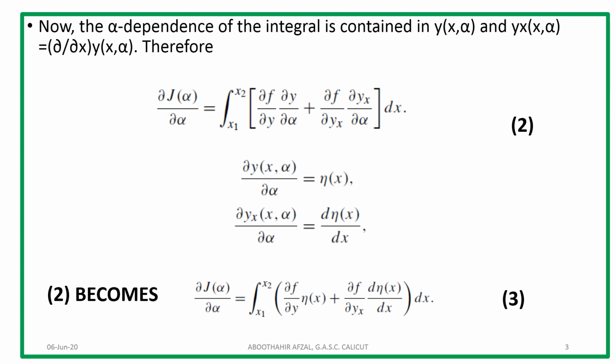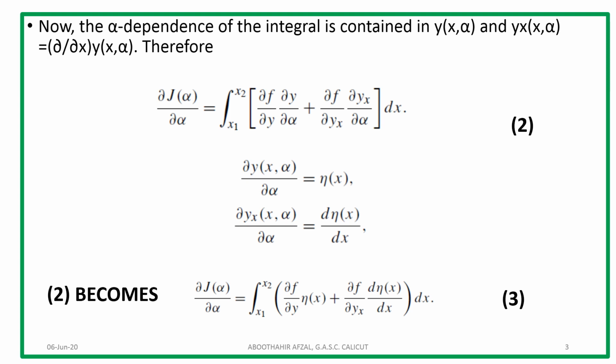So once again, dou J by dou alpha is equal to integral x1 to x2, dou f by dou y into dou y by dou alpha, plus dou f by dou y_x into dou y_x by dou alpha, that into dx, because we are integrating in terms of x.